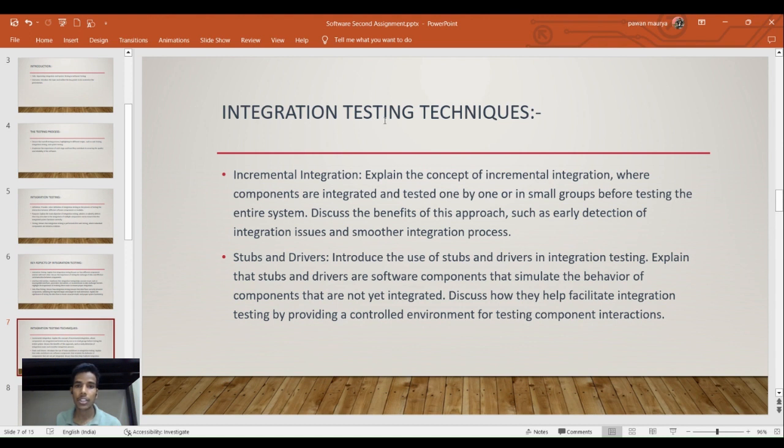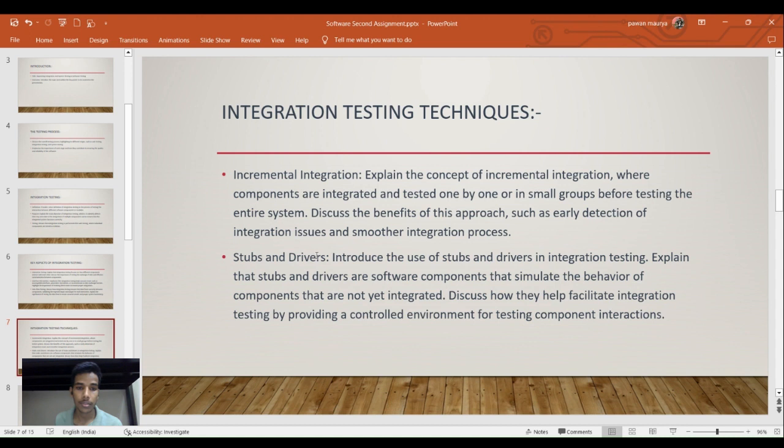Integration testing techniques. Incremental integration: explain the concept of incremental integration, where components are integrated and tested one by one or in small groups before testing the entire system. Discuss the benefits of this approach, such as early detection of integration issues and a smoother integration process.